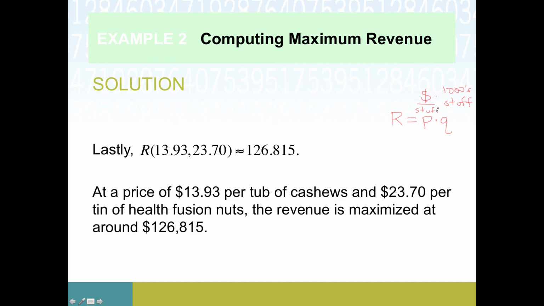So the units on the actual product are going to go away. That amount of the tins of nuts that we sell disappears, but the thousands of dollars is still there. So we still have thousands. So 126 is really 126,000 and some change.